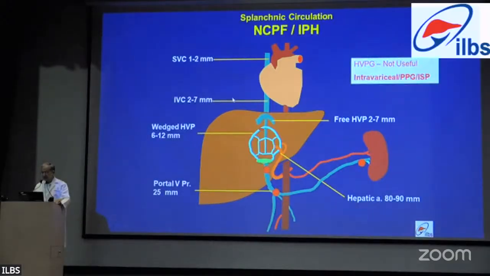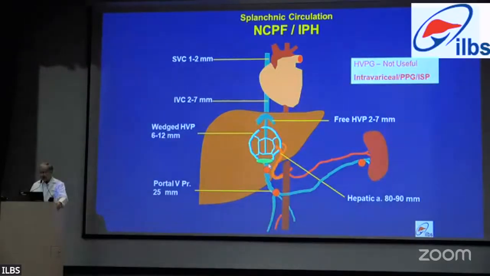In non-cirrhotic portal fibrosis and the alternative term idiopathic portal hypertension, if the balloon is placed or you measure here, the pressure would be 25. In the splenic vein, the pressure would be similarly high. Then the portal vein here would be high, and the gradient is much more. Here you will see that this pressure is here, but this pressure is not transmitted beyond the sinusoid.